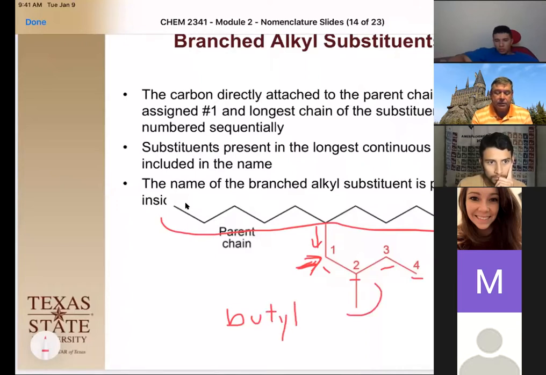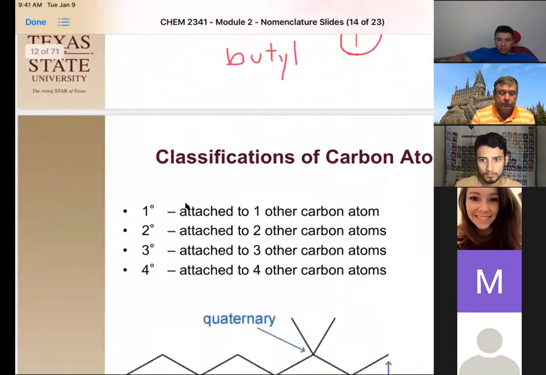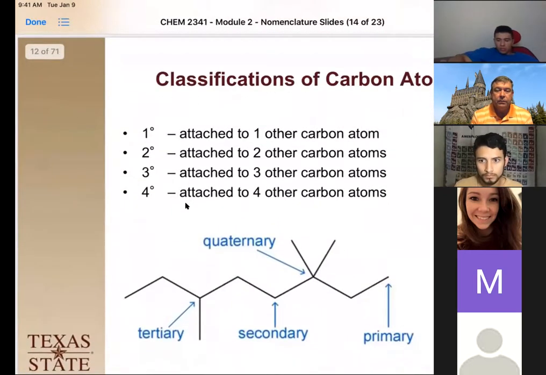And we have to show where this other substituent is here. Okay, so we have some simple branch chains that actually have common names that we can use. Okay, and we'll look at those in a minute.